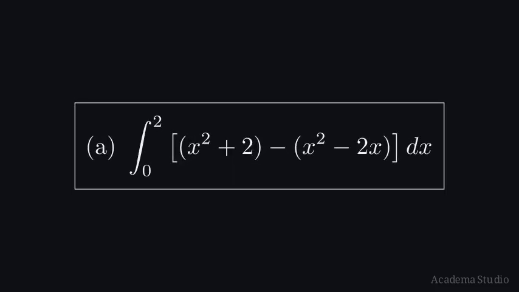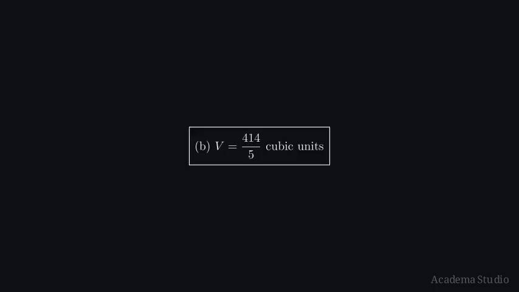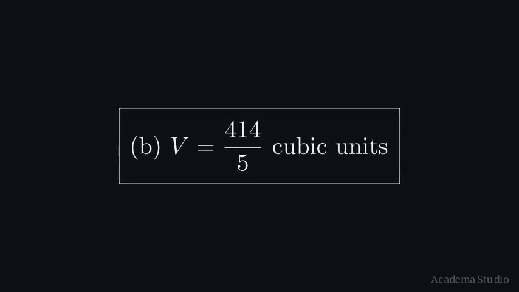The final answers are the area integral for region R, a volume of 414 divided by 5 cubic units for the rectangular cross-section solid, and the washer integral for rotating region S about y equals 20. The final answer, B, V equals 414 over 5 cubic units.